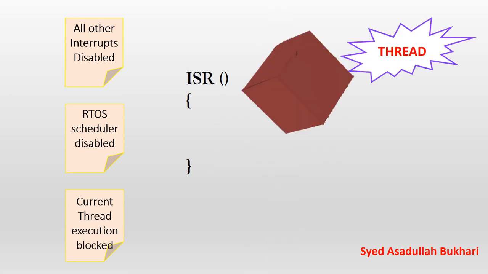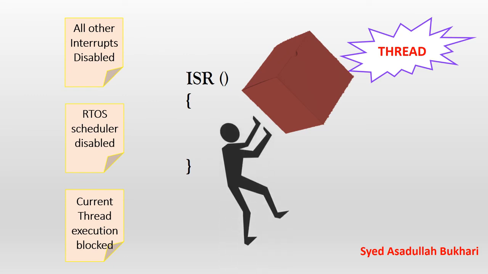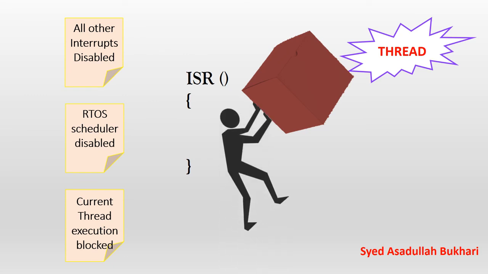That is the reason why an ISR should be as short as possible and offload the actual work to threads. Please watch my other RTOS video where I have explained in detail about interrupt service routines, like how an ISR should be written in an RTOS.